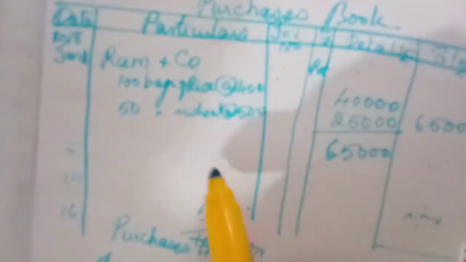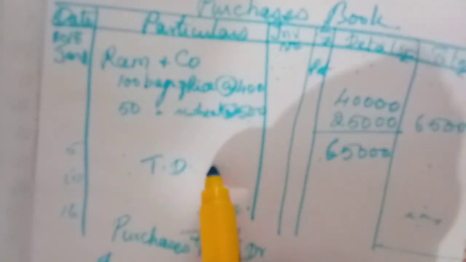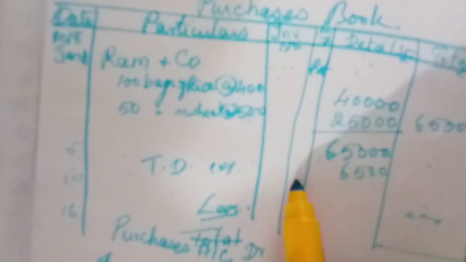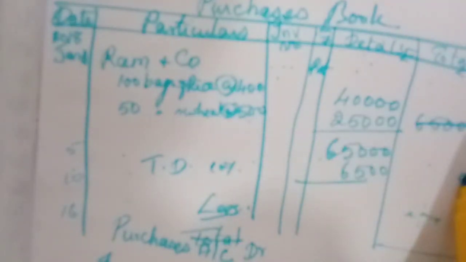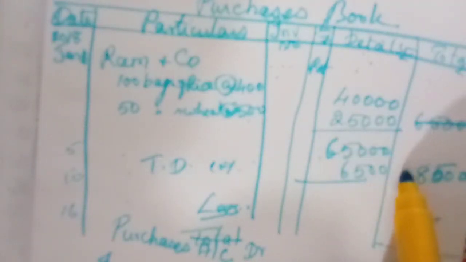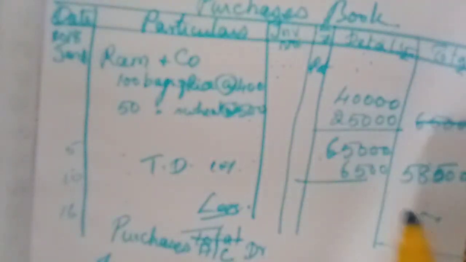If any trade discount is available, 10%, we will deduct this one. Okay, 6,500. Only the remaining amount we will write. 58,500 only we will enter.